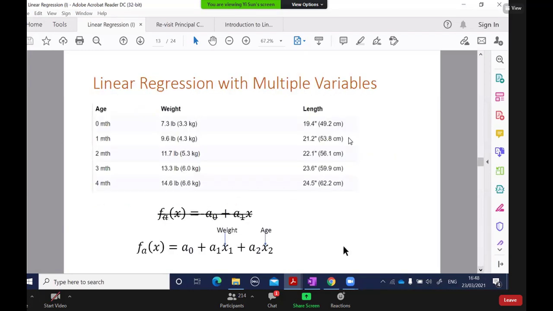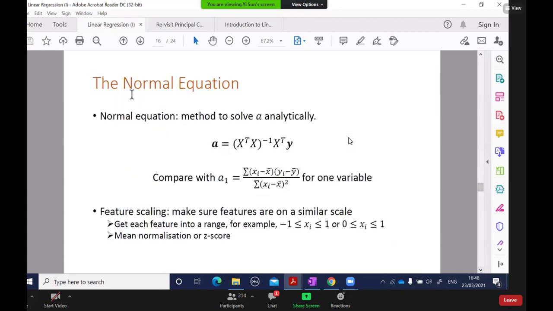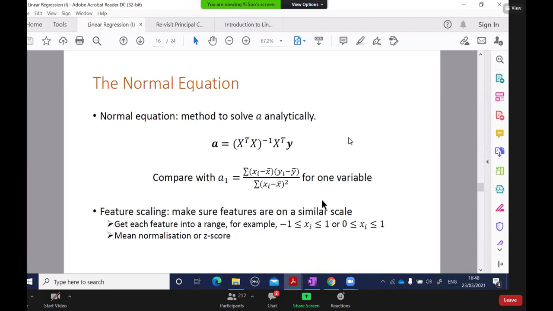And we discussed linear regression with multiple variables. Remember that famous equation called the normal equation. If you use this one, it can give you the answer for all the coefficients in front of each variable. It is given in a vector.